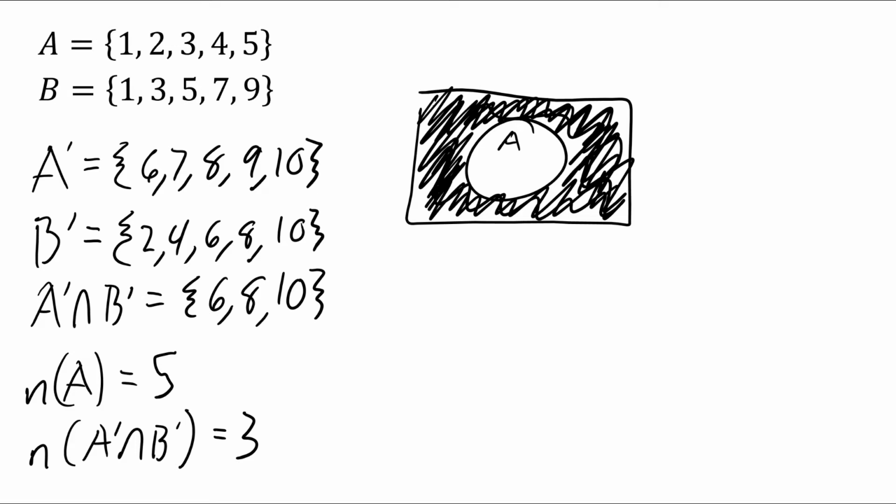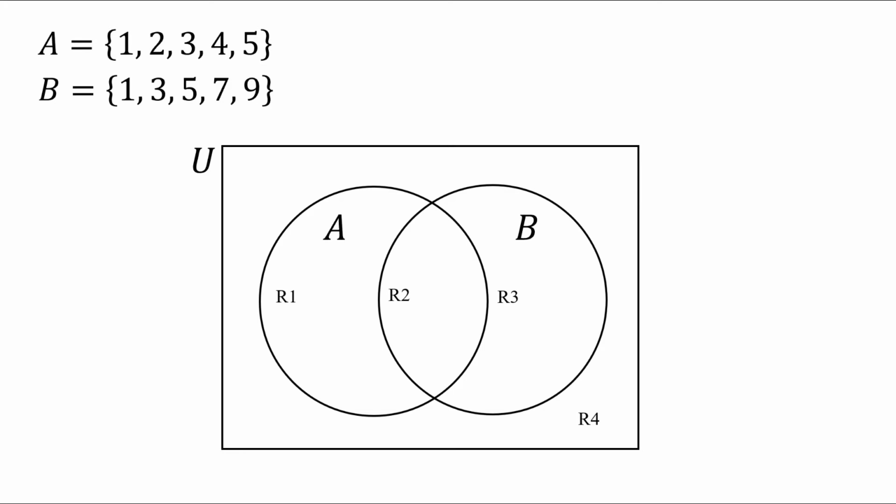All right, let's look at a Venn diagram and let's label it. Our Venn diagram here has set A represented by a circle, set B represented by a circle, and then a box around the outside with a U. That U stands for the universal set. Each little region we have labeled with R1 through R4. These are what are called basic regions.